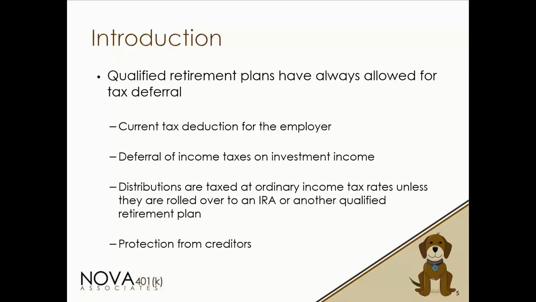Not only are they tax deductible for the employer, you defer the income tax on the investment, and when distributions are taken, they are taxed at ordinary income tax rates, but they can also be rolled over to another qualified plan or an IRA to defer those even longer. And this is one of the few places that companies can shelter some money and protect it from creditors coming after them in bankruptcy or other situations.